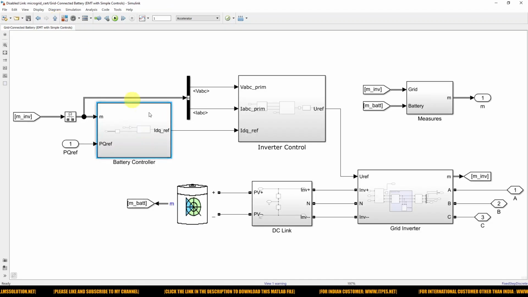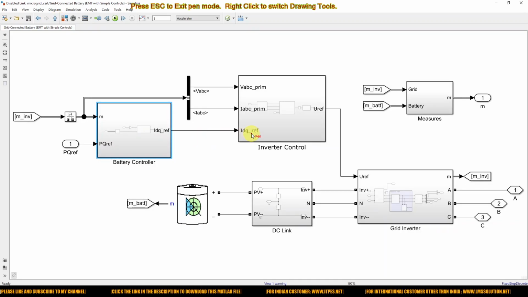This IDQ reference is given to the inverter control. You also need to measure the grid inverter voltage and current.